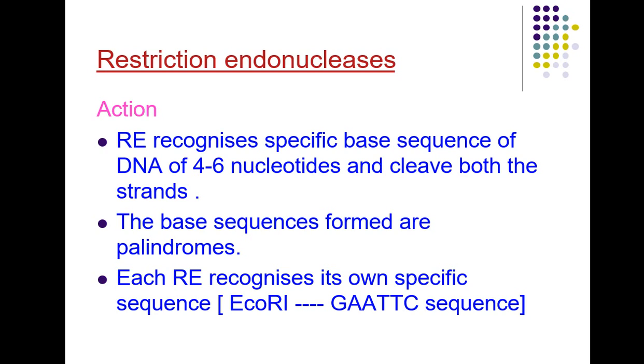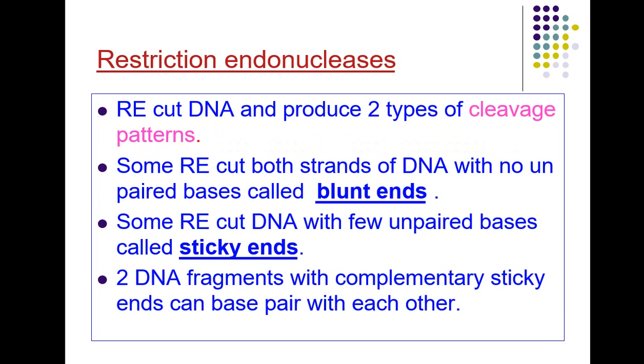For example, take EcoRI. EcoRI can identify the palindromic sequence GAATTC and CTTAAG. So EcoRI only cuts DNA having this palindromic sequence. Each restriction endonuclease recognizes its own specific sequence.